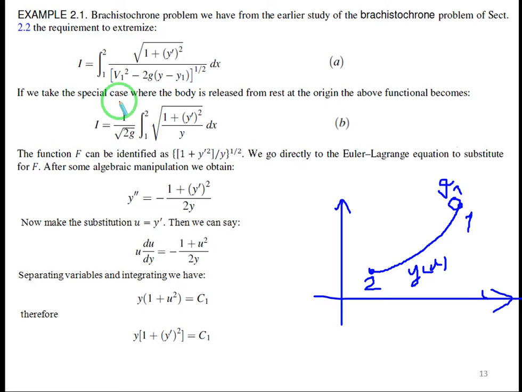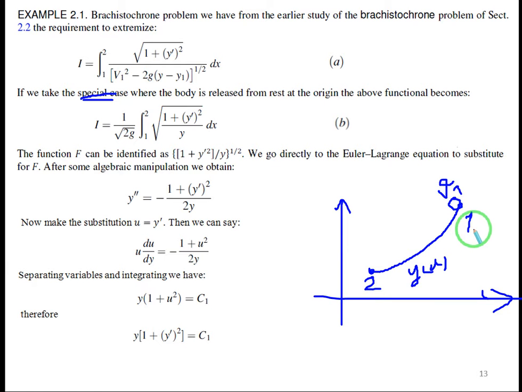Let's focus on a special case when the initial velocity is 0. So we can say v1 is 0, and we can also put the origin of the problem at any arbitrary point.